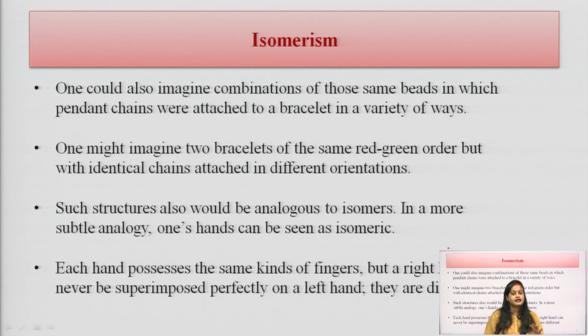They are different. इसी तरह अगर हम अपने हैंड्स की बात करें तो दोनों में 5 फिंगर्स हैं, ओके। लेकिन अगर हम इनको सामने रखते हैं तो इनकी इमेज डिफरेंट है। ये नेवर बी सुपरइम्पोज, एक दूसरे को सुपरइम्पोज नहीं करेंगे। तो दिस इज द आइसोमेरिज्म.